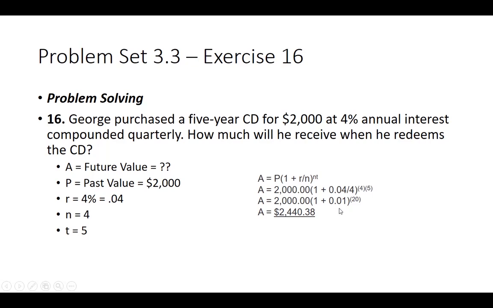Keep that in the calculator and add 1 to it. You get 1.01. Keep that in the calculator and raise it to the 20th power. Keep the result in the calculator and multiply by 2,000. And you end up with, rounded to the nearest cent, $2,440.38.